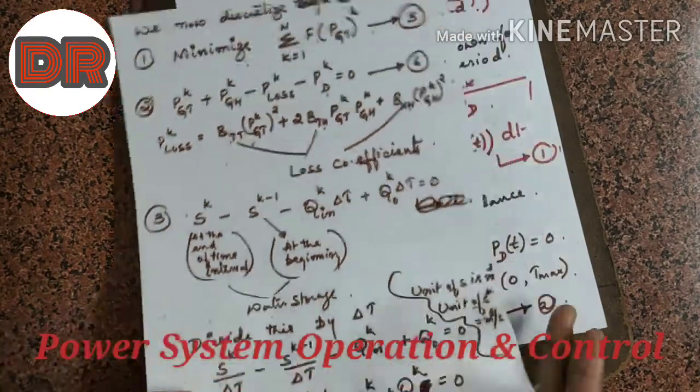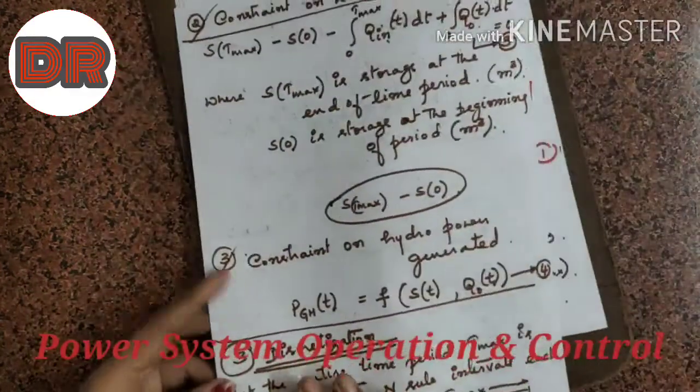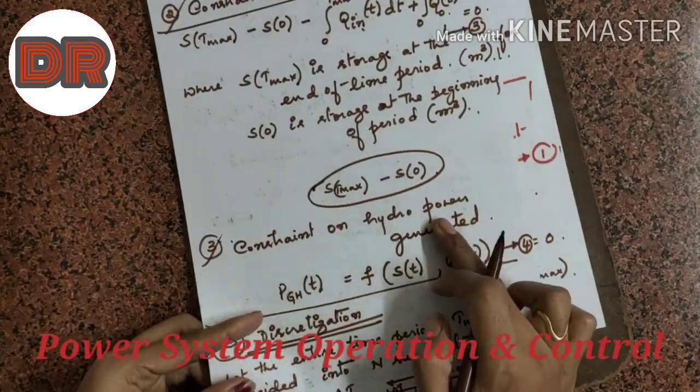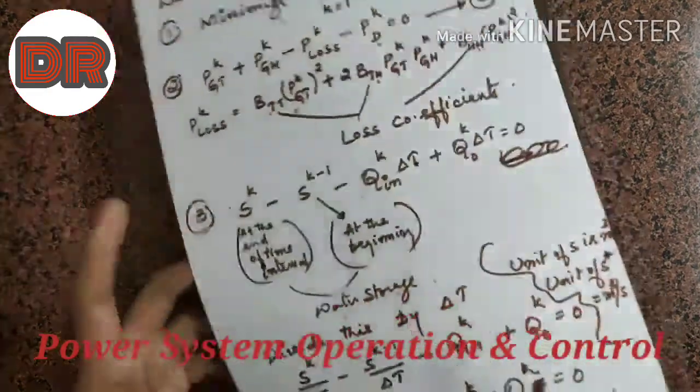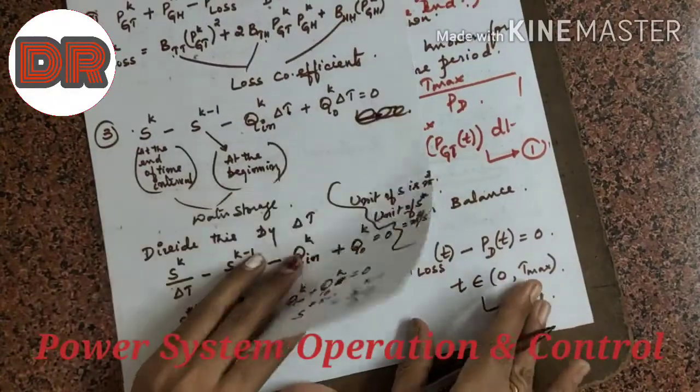There is one more constraint which we have seen previously, the constraint on hydropower generated. We'll write the discretization form of that.